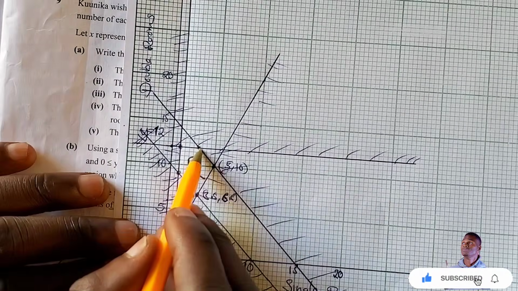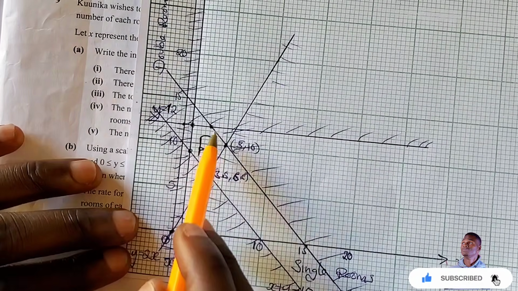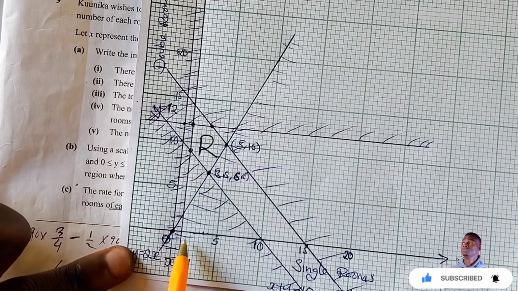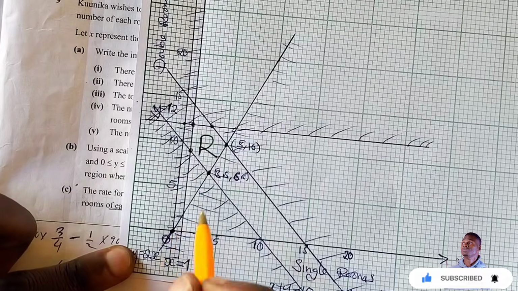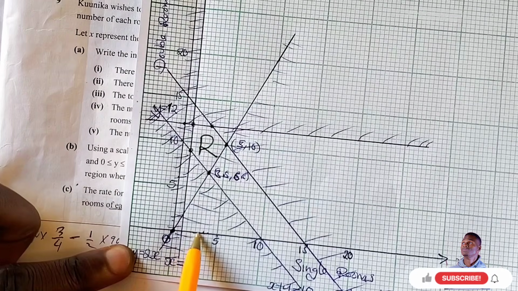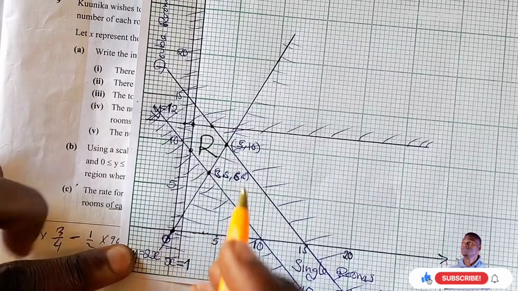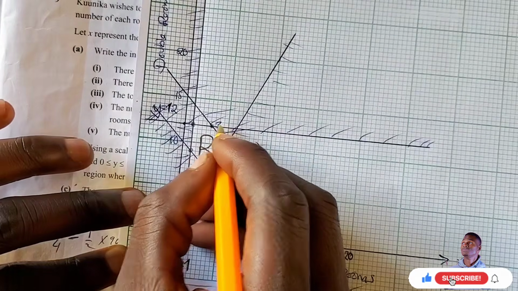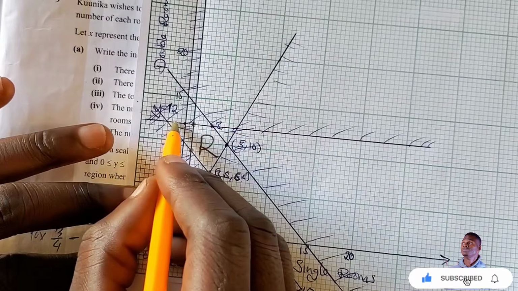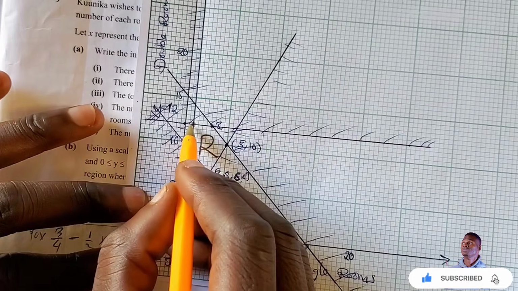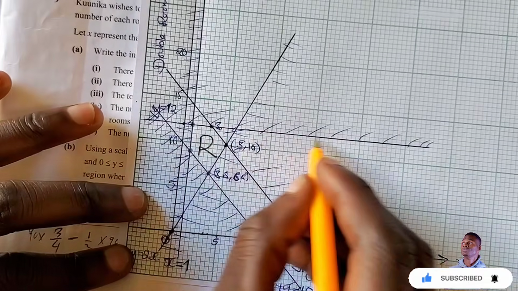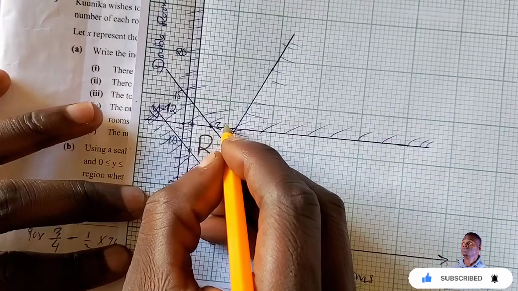Now, let's also get this coordinate. So we have 1, 2, 3. It's 3, and this line is y equals 12.